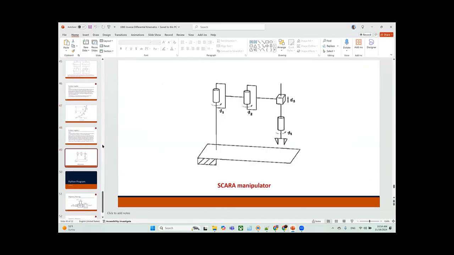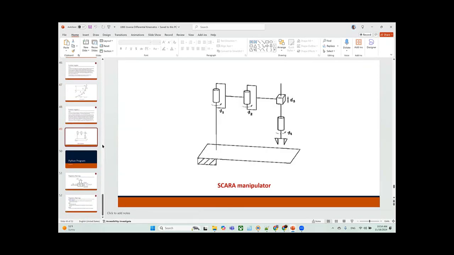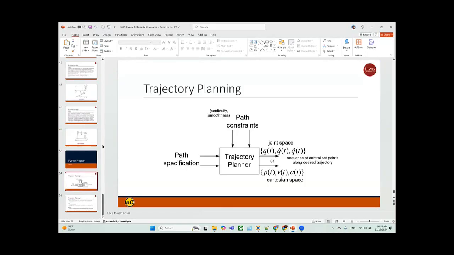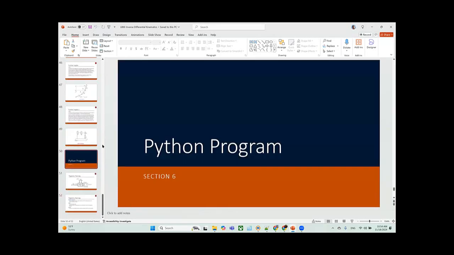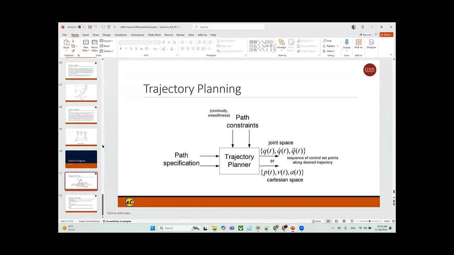After knowing the basic part, you can model it in more detail. So basically, the purpose of your Jacobian and inverse Jacobian is that you do have a path specification. That means that you want to move your car from point A to point B. Okay, and then there's a path constraint, so you cannot go over the boundary of certain places, and you cannot go over a certain speed limit.